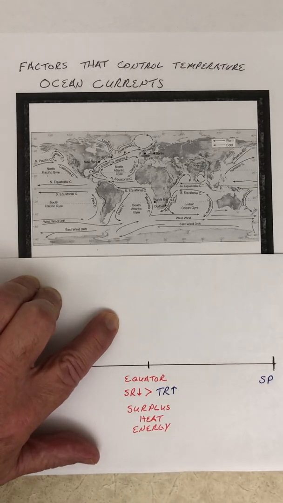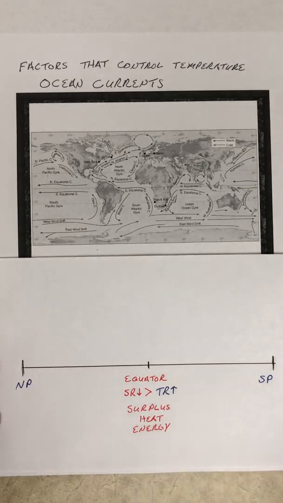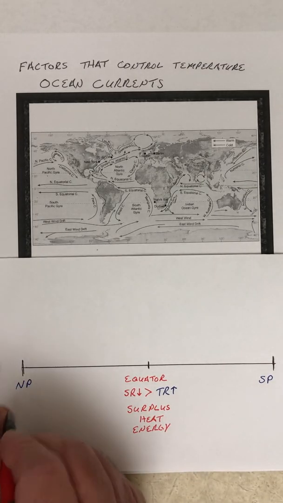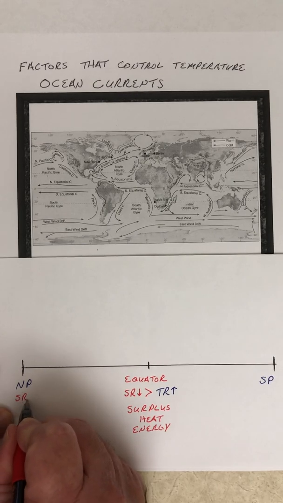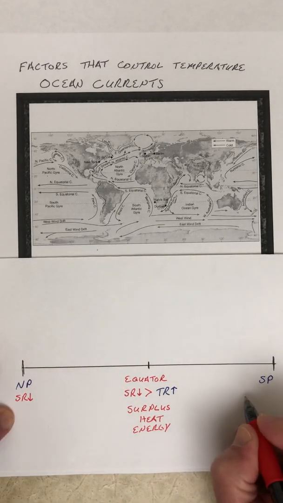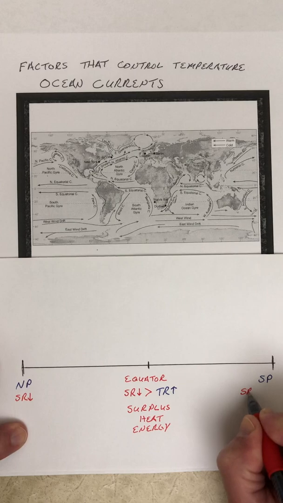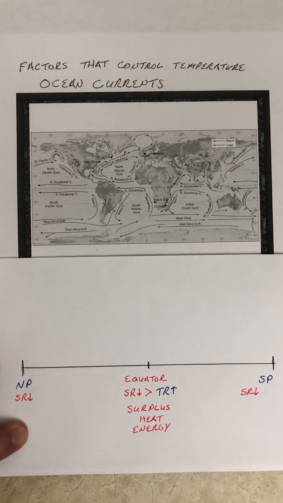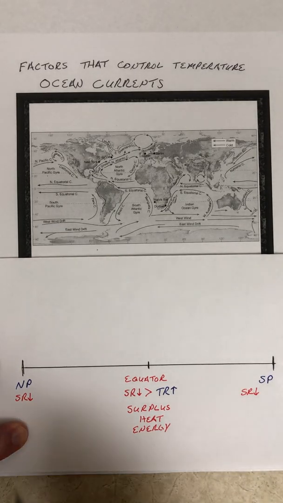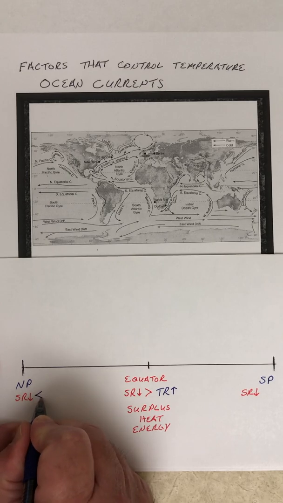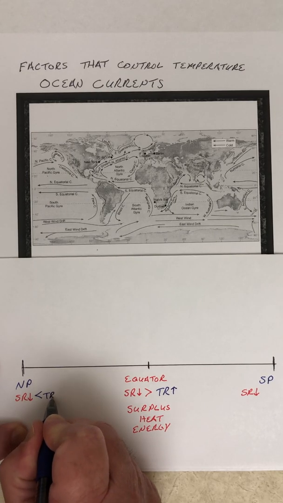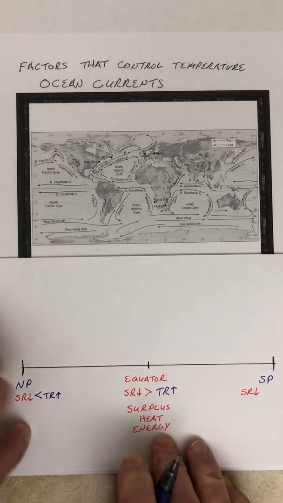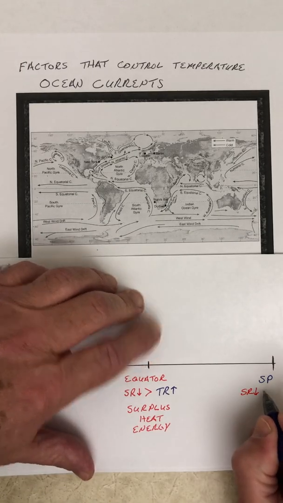And if we look at the poles, at both poles we have incoming solar radiation, but there's actually more outgoing terrestrial radiation. So the outgoing terrestrial radiation is greater than the incoming solar radiation.